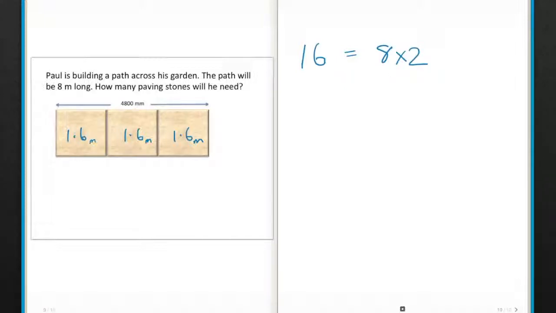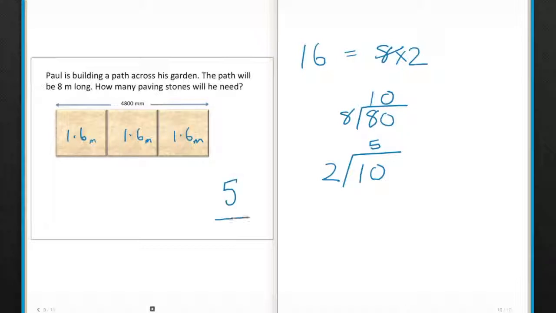So I could divide 80 by 8 first, and that would give me 8 into 8 go 1. And then I could divide the answer by the other number 2. 2's into 10 go 5. But the answer is definitely 5, so I need 5 paving stones.